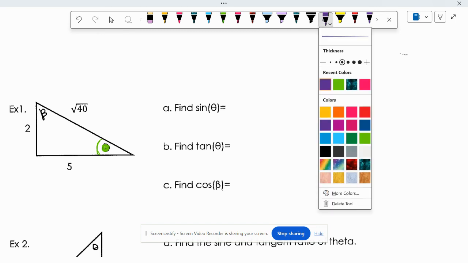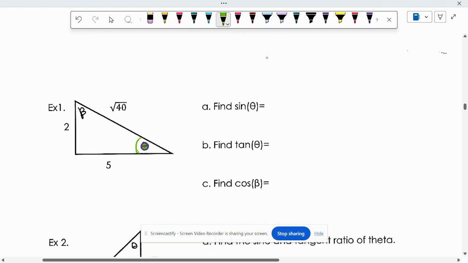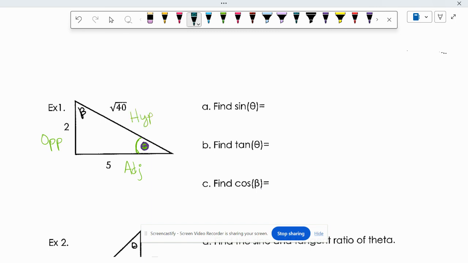What side is opposite theta? 2. 2 is opposite. What side is adjacent to theta? It touches it. 5. Because we know that the square root of 40 is the hypotenuse. This should have a right angle in it. The square root of 40 is the hypotenuse.